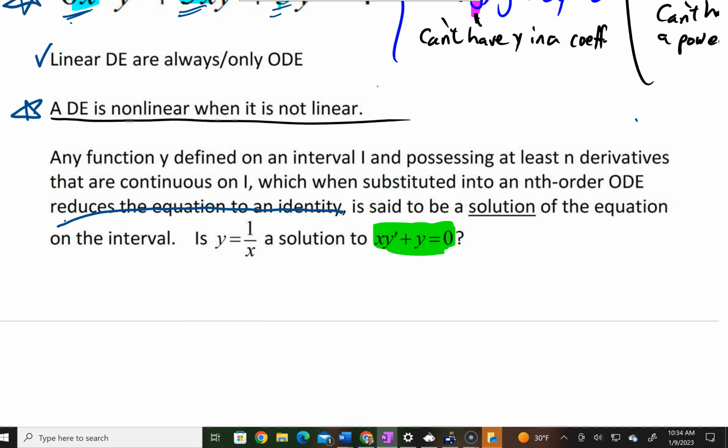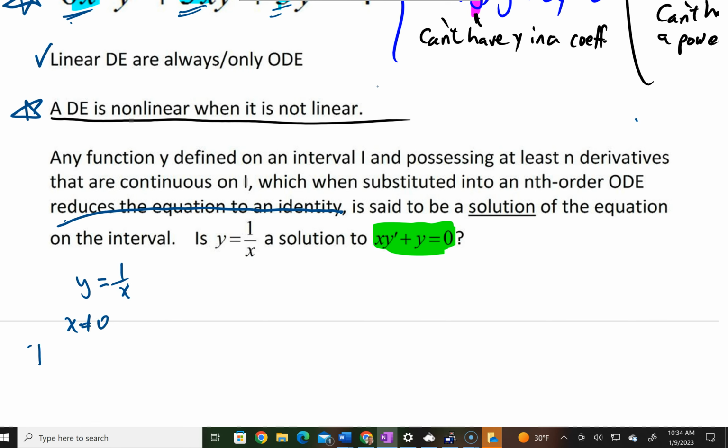Well, let's check. First of all, when you look at y equals 1 over x, this is super important: this function is not always defined, right? What can x not equal? 0.